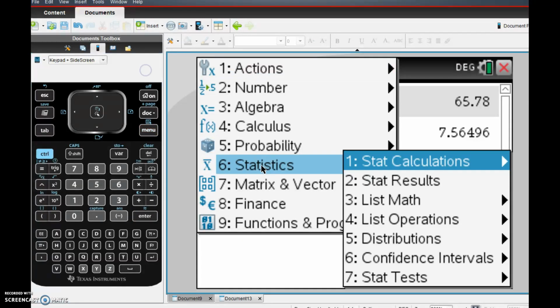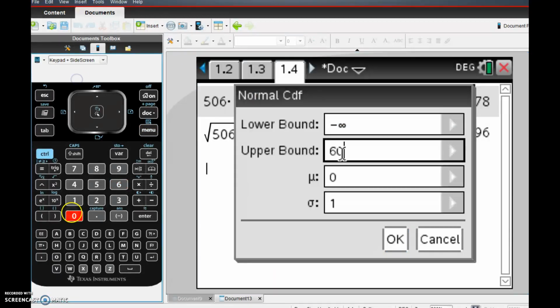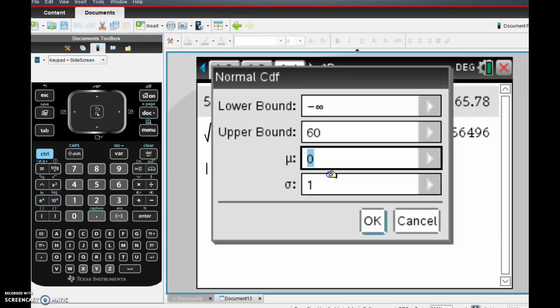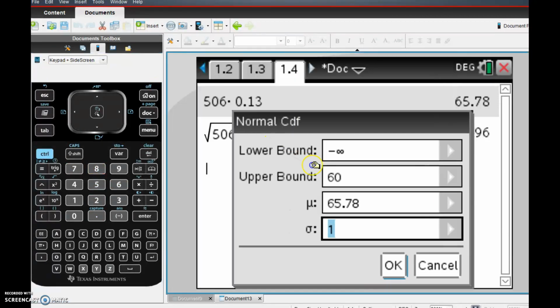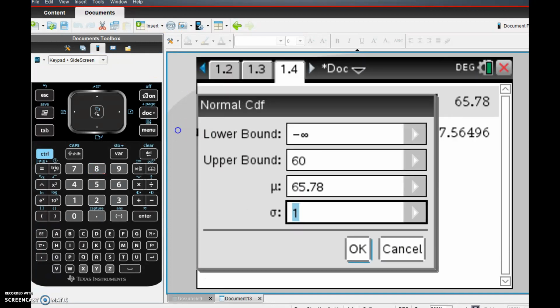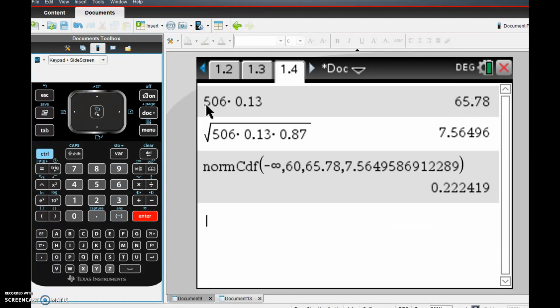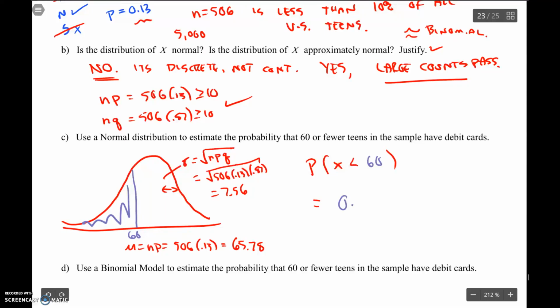Menu, statistics, distributions, normal CDF, negative infinity to 60 with a mean of, what was the mean? 65.78 and a standard deviation of, is it 7.56? Last answer, 0.222.